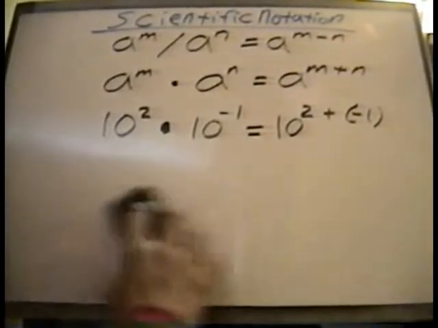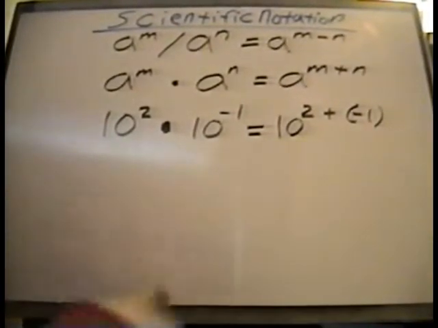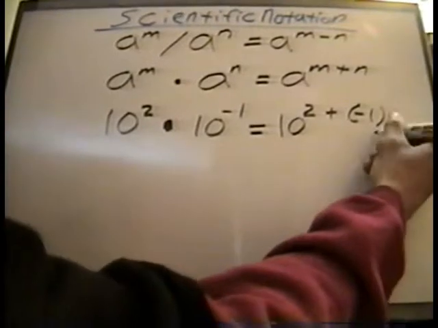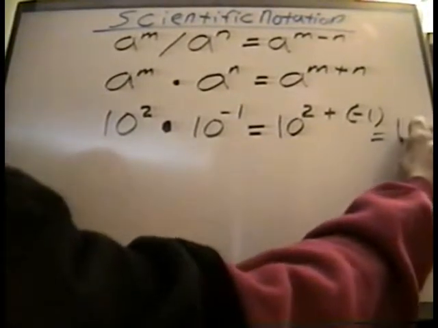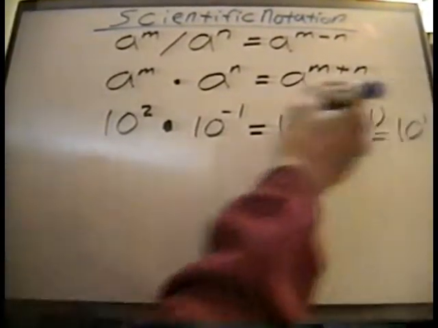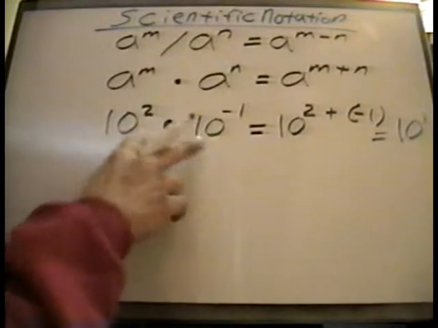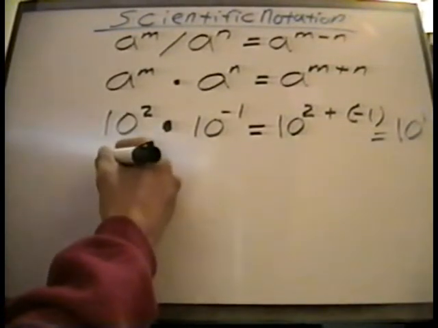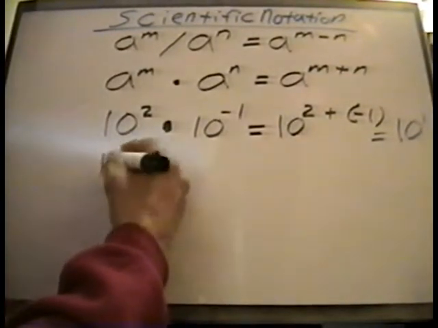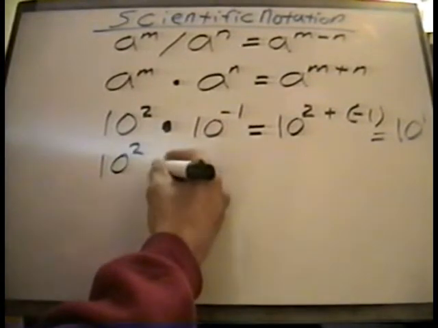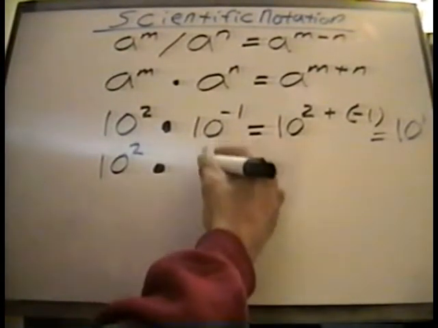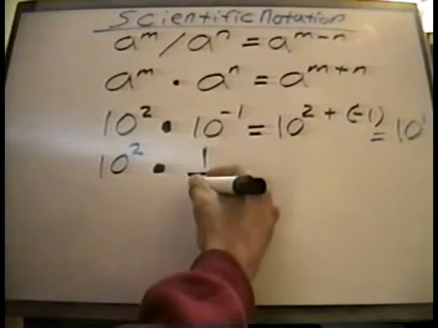So we know here that this equals 10 to the power of 1, or just 10. So the equivalent form of this expression here is 10 to the power of 2 times 1 over 10 to the power of 1, which is 1 over 10.